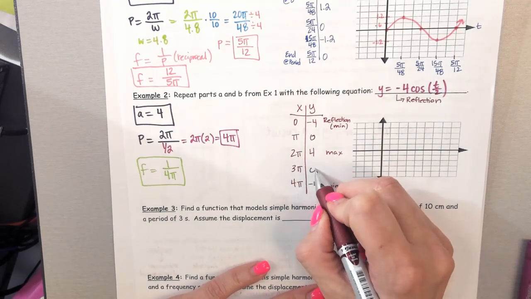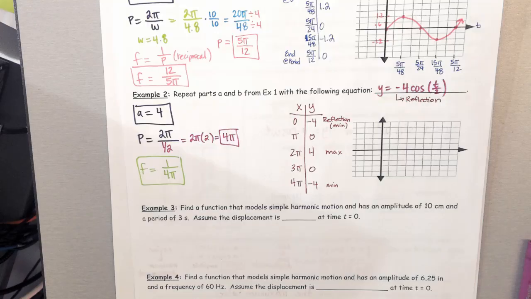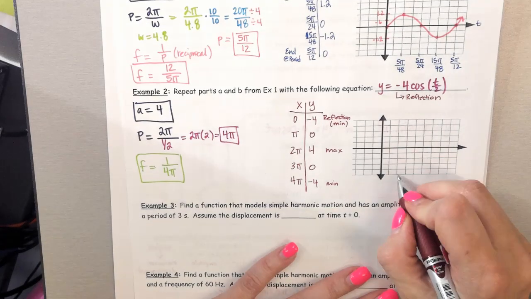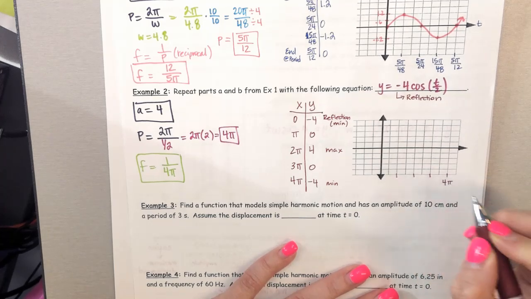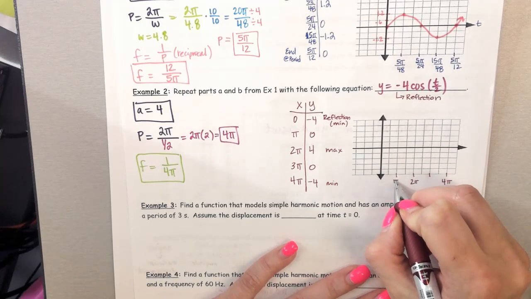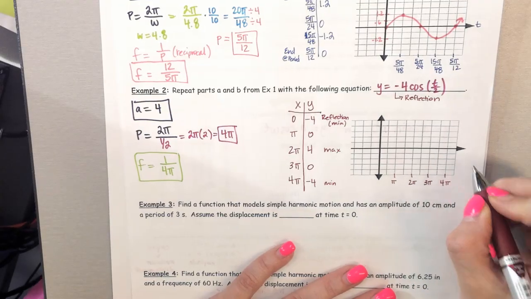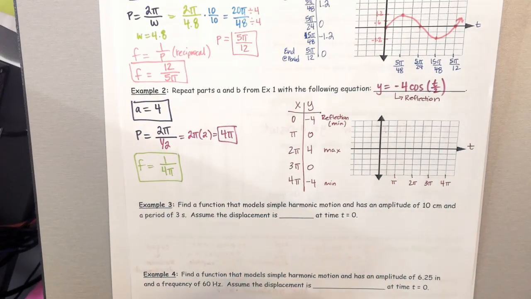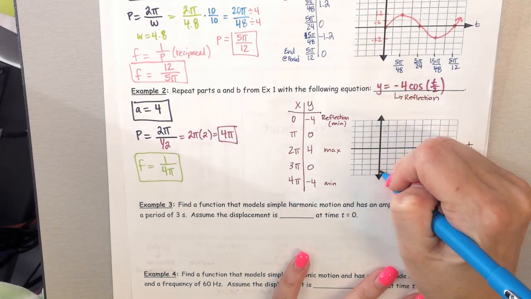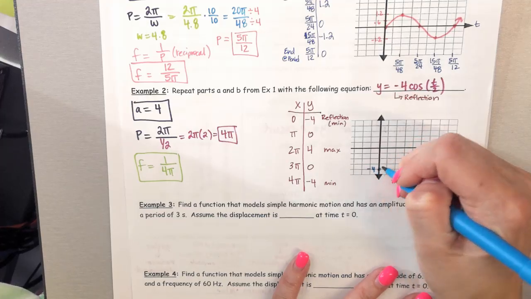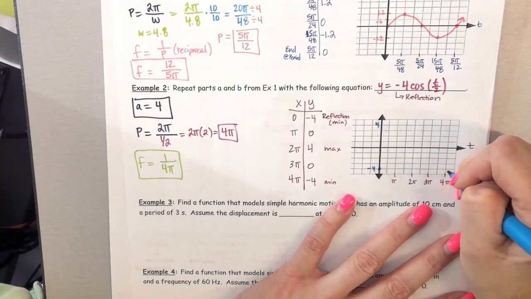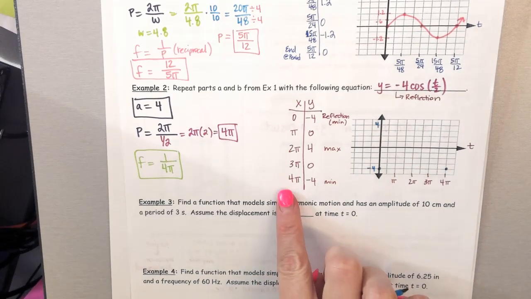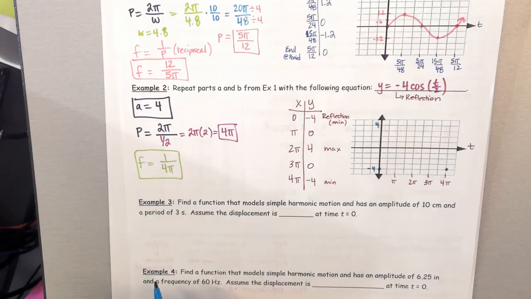Okay, zeros in between. All right, so a lot of this should feel like review in terms of your graph. Okay, you have t, your time, so we aren't going to continue into the negative. 1, 2, 3, 4, so I have negative 4 here. And then I'm going to also end my period at negative 4.